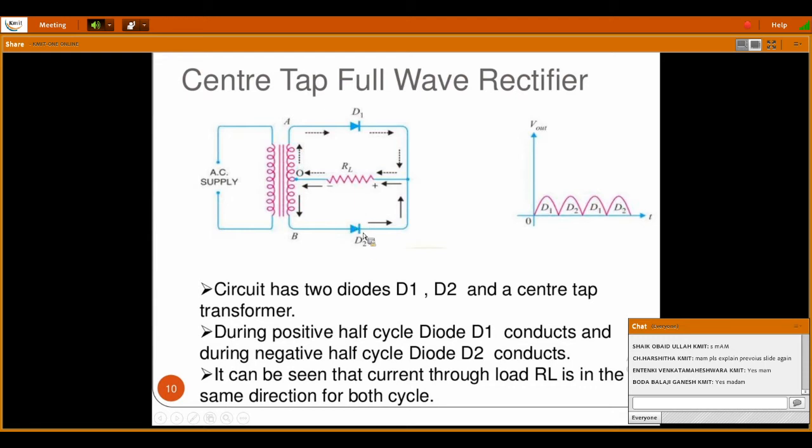Because of diode D2 conducting, the current flows through D2 and the same current flows through RL, and you take the output across the load RL, in the same direction as when diode D1 was conducting. So during the negative half cycle also we get a positive peak, because of diode D2 conducting. This repeats.